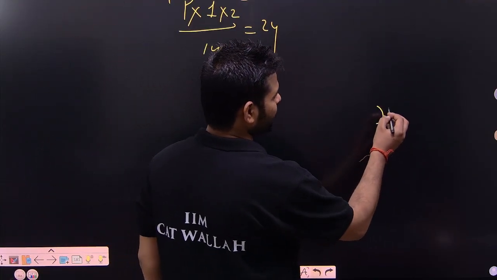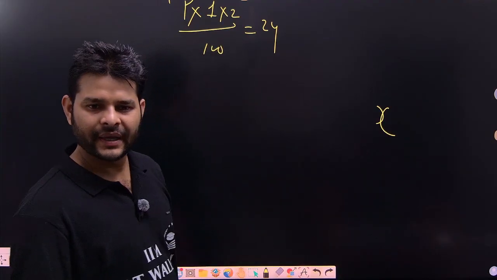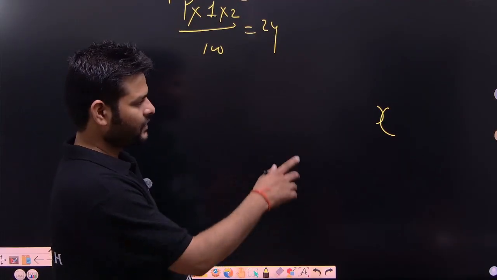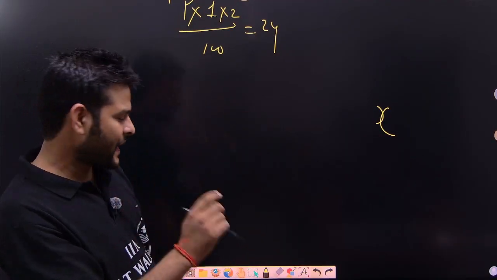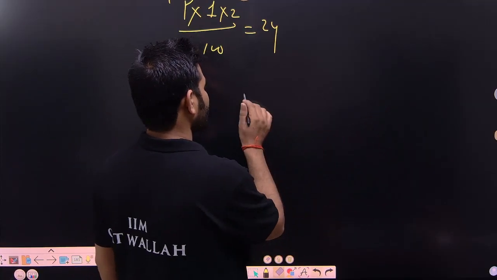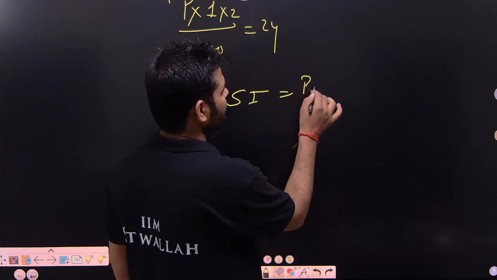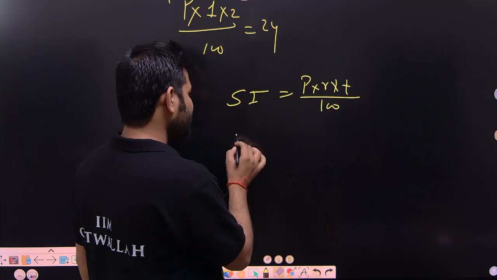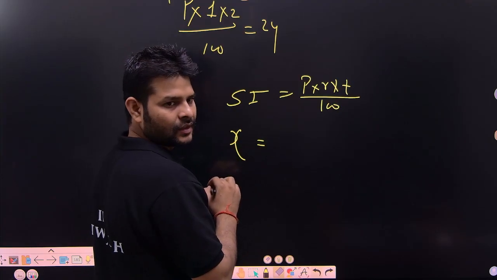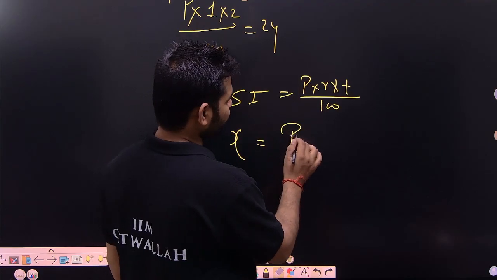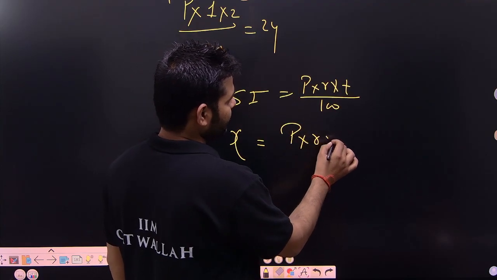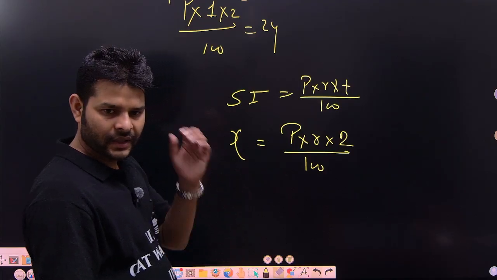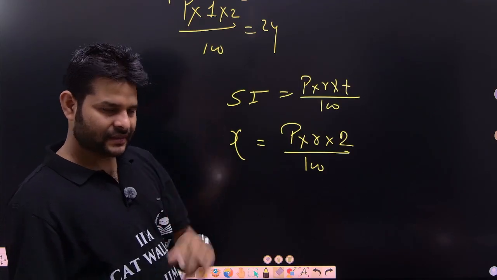Whatever the principal we have, the simple interest formula you know, PRT upon 100. So suppose X is the simple interest, and T is 2 years. Got it? Now the rate increases by 1%.